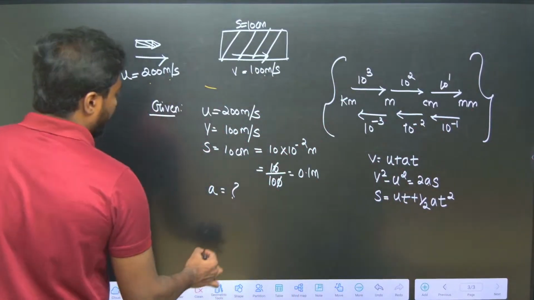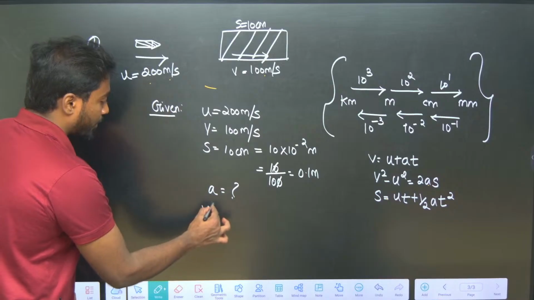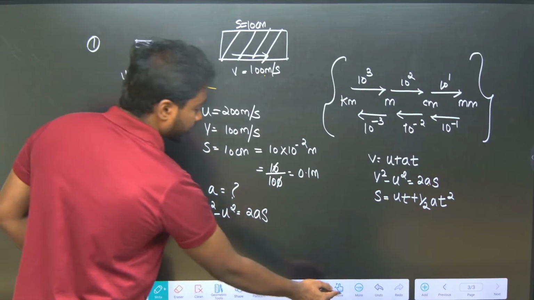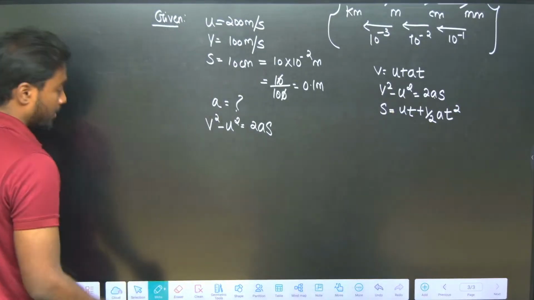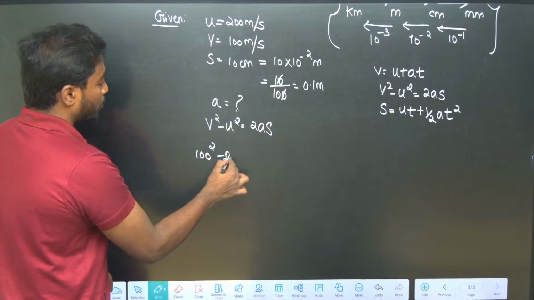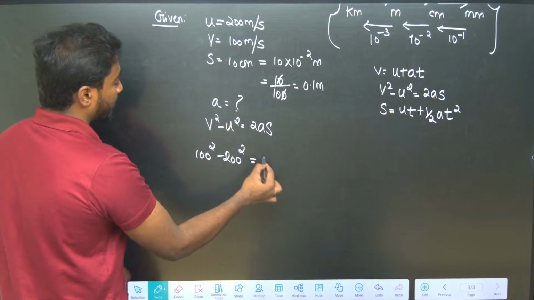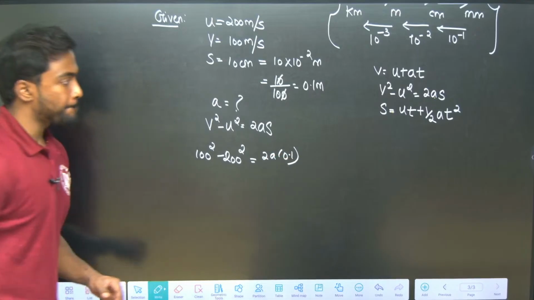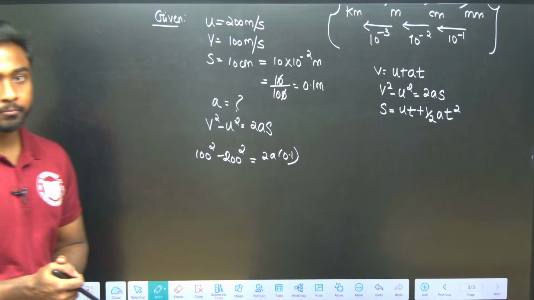Okay. So what is the thing? v square minus u square is equal to 2as. So v is 100 square minus 200 square is equal to 2 into a into 0.1. Okay.